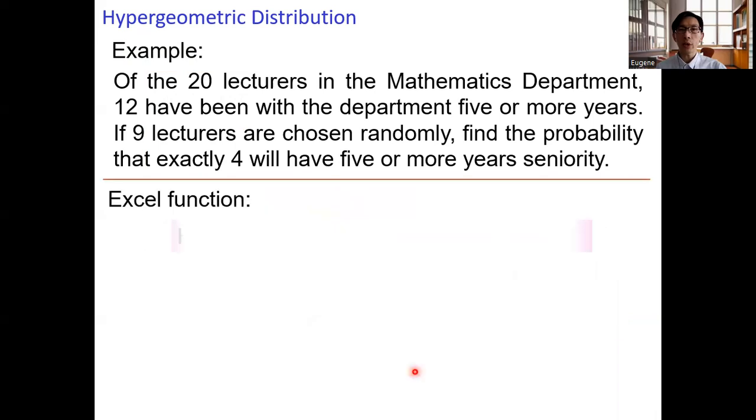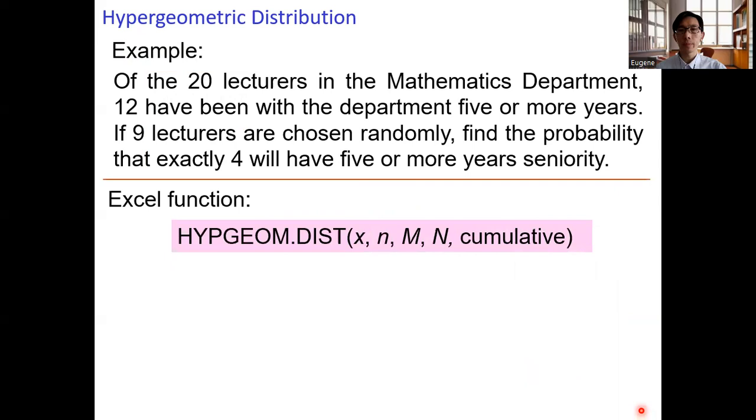Let's use the Excel function to do the computation. The function for hypergeometric distribution is HYPGEOM.DIST. It takes 5 parameters.